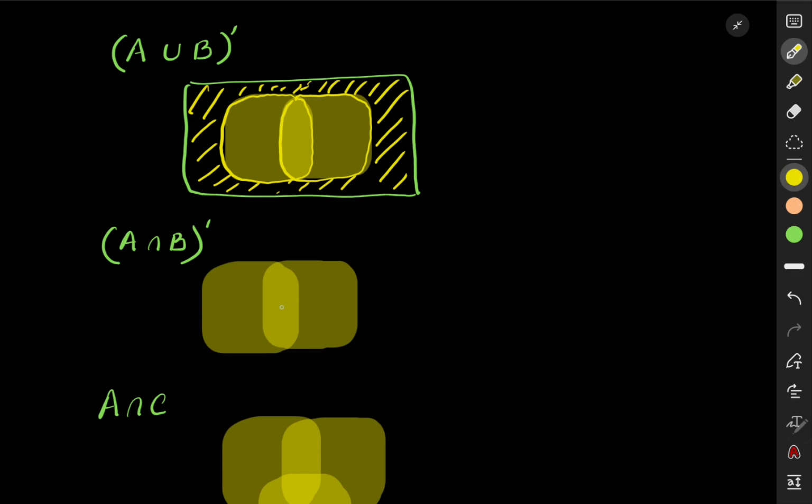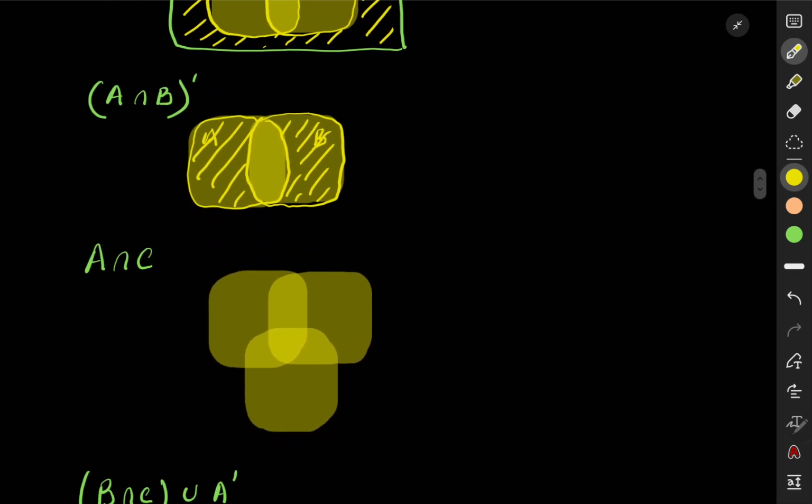We only shade the area which is outside this overlapping area. So this is the overlapping area of A set and B set. This is A set and B set. So we shade only the part which is not overlapped with each other. So this is A intersection B whole complement.